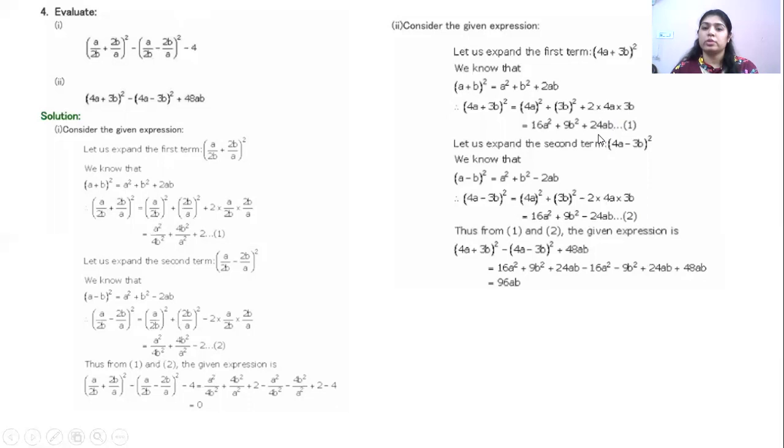Put the values from equations 1 and 2 in the given expression. Then we'll get this: 16a square minus 16a square cancel, plus 9b square minus 9b square cancel, plus 24ab plus 24ab gives you plus 48ab. Plus 48ab is equal to 96 times ab.